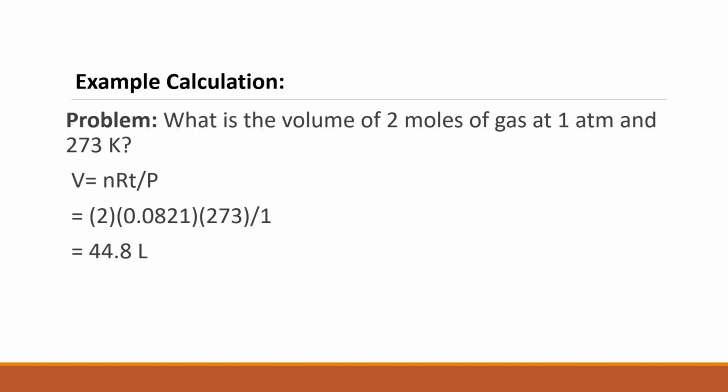Next, multiply by the temperature in Kelvin, 273 K. 0.1642 times 273 is equal to 44.8 liters. Finally, divide by the pressure, which is 1 atmosphere. 44.8 liters over 1 is equal to 44.8 liters.